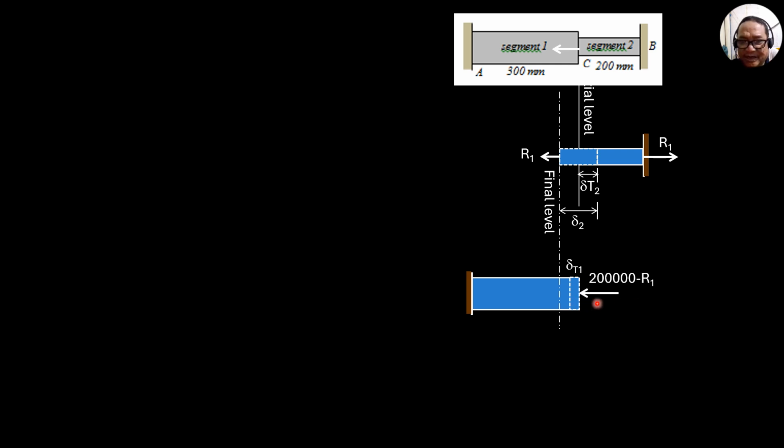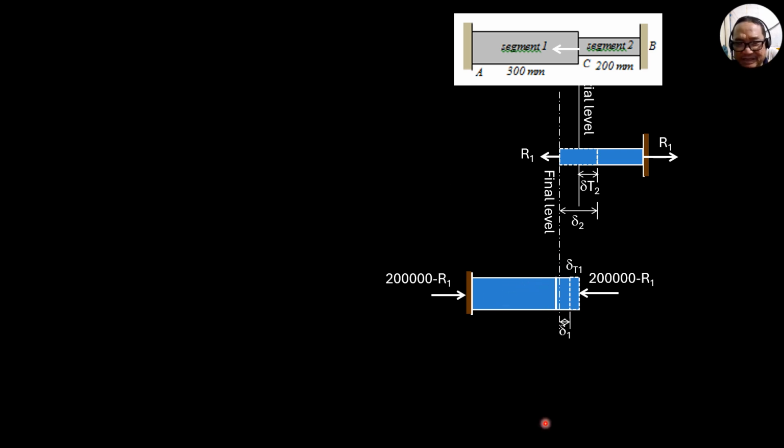This is now the force, which is 200,000 minus R1 because R1 is in tension. And this is due to stress in segment 1. That much. It should align with that.